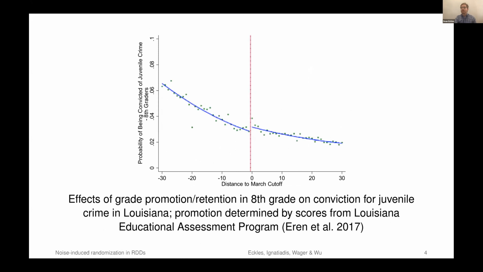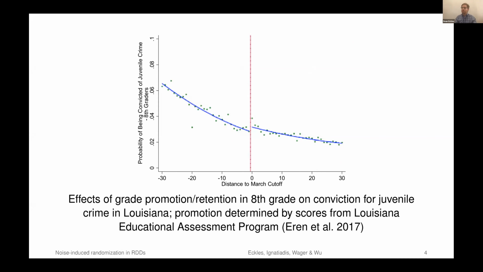Test scores make up a lot of these kinds of examples. Here's another example of looking at whether you go on to the next grade after 8th grade or are retained based on test scores. How does this end up affecting whether someone is convicted for juvenile crime? So some of this additional attention during summer might actually reduce whether people are convicted of juvenile crime.